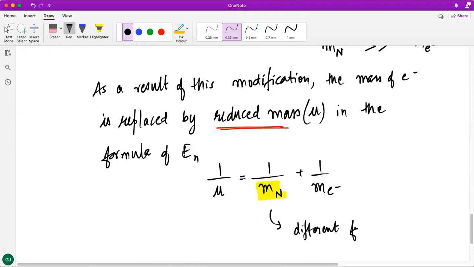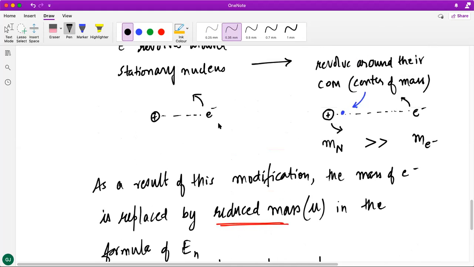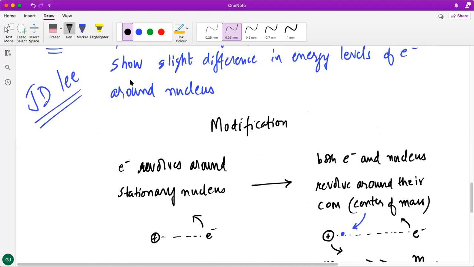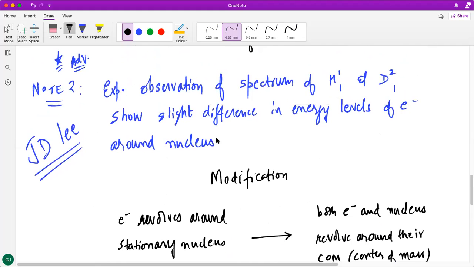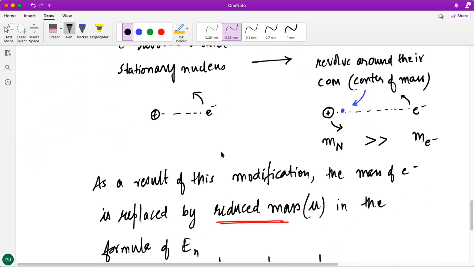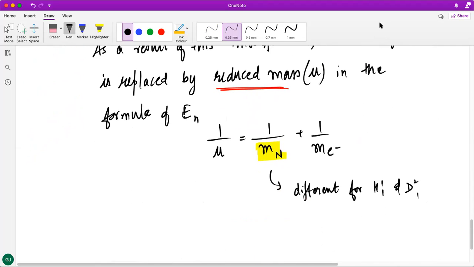This is different for protium and deuterium. And this is what causes the change in the energy levels. ठीक है?